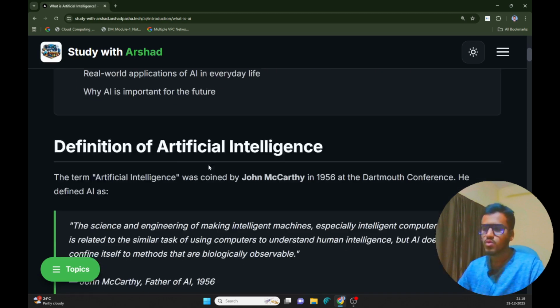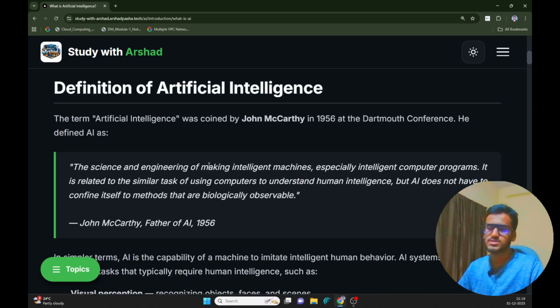To let you know more, let me talk about artificial intelligence. The father of artificial intelligence is John McCarthy. In 1956, he demonstrated and coined the term artificial intelligence.